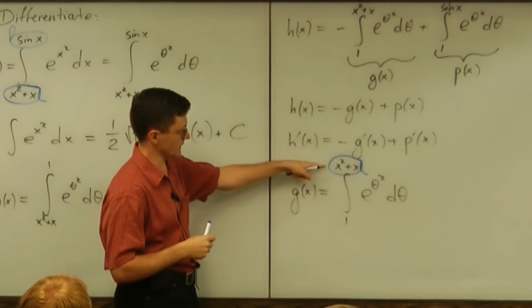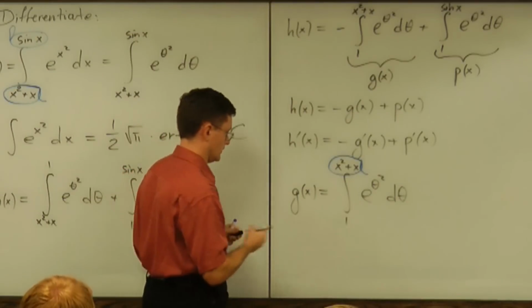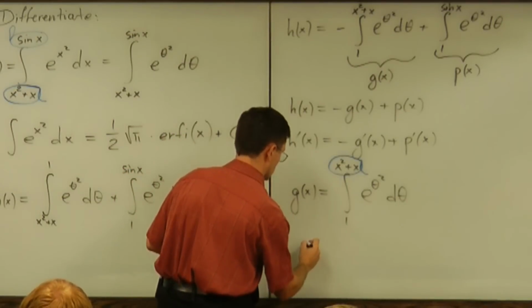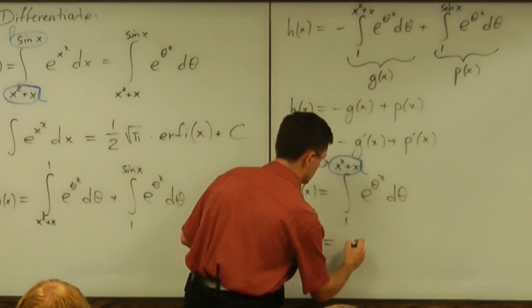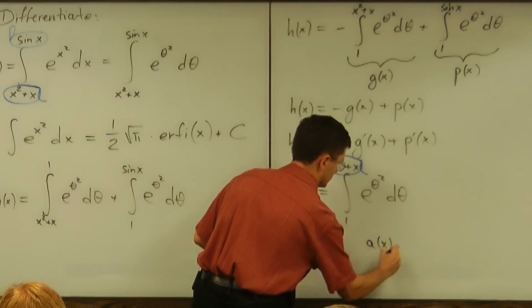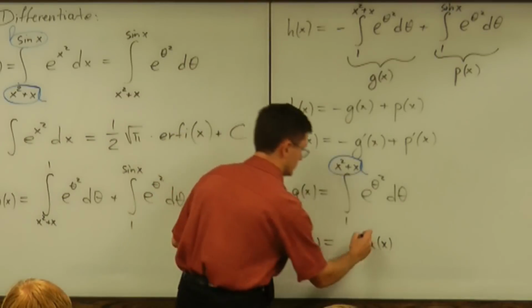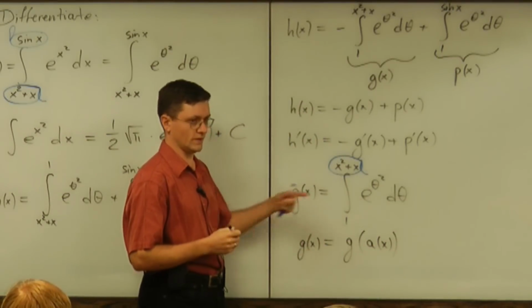I will think about it as a. And what I think about now is that my function g of x is a composition of two functions. I compute a of x, and then I evaluate g of a.